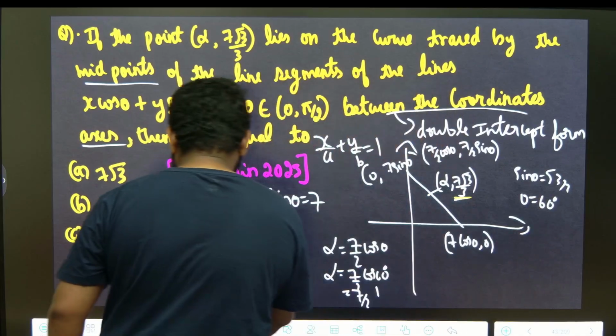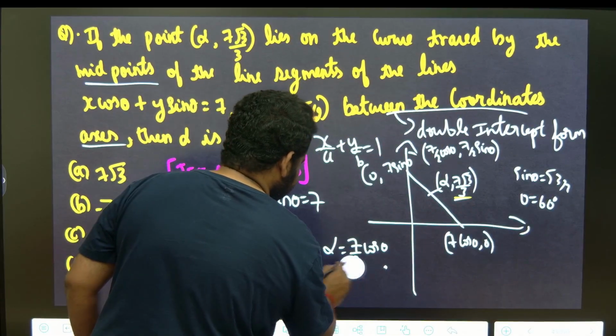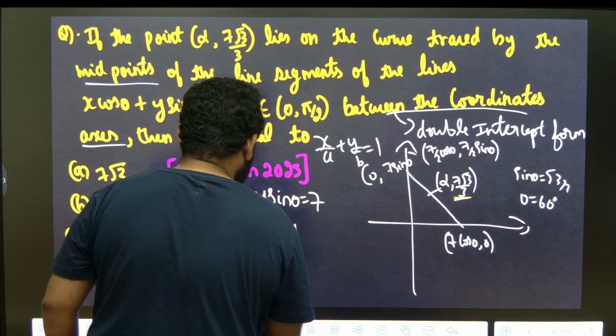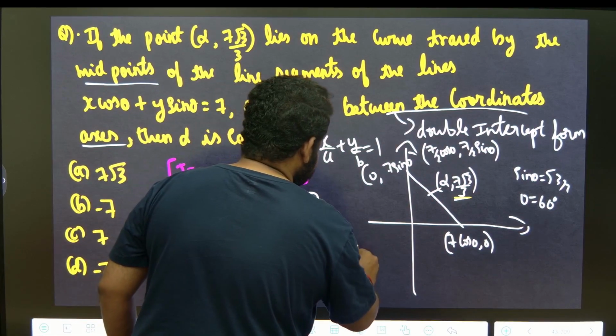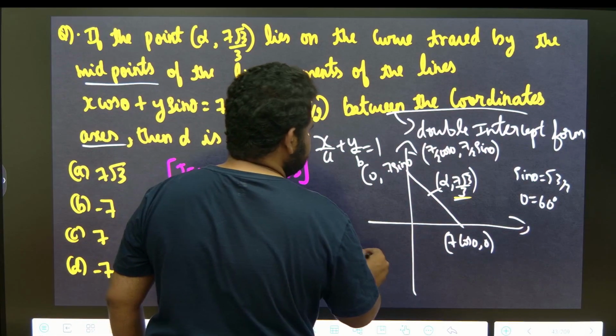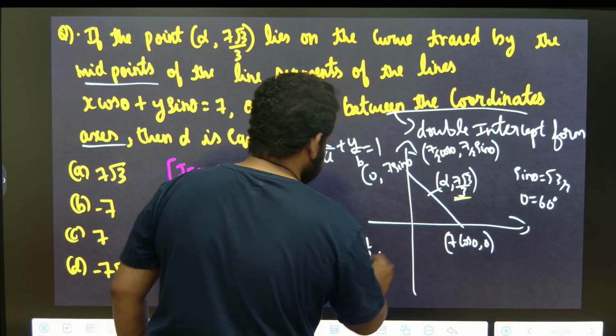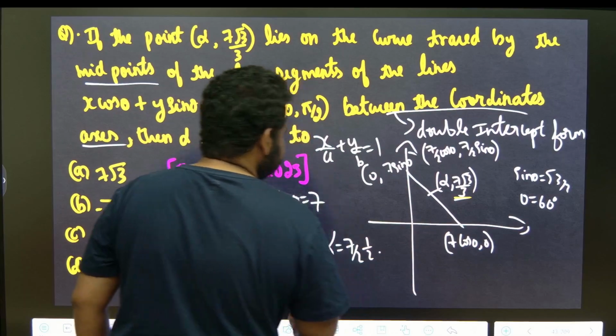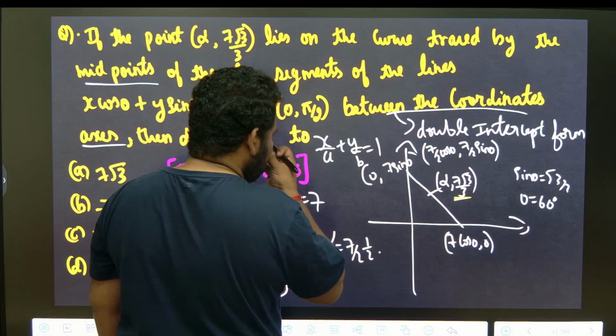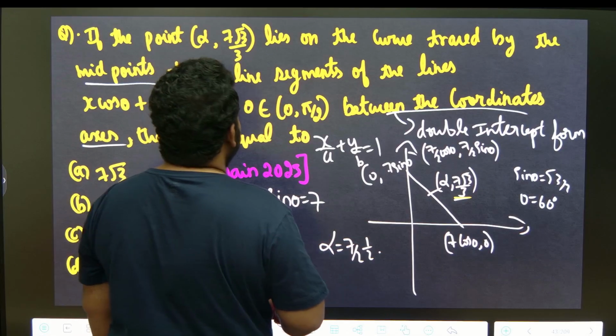So if I put theta here, alpha, if I put theta, what will I get? Alpha is equal to 7 by 2 cos theta. Cos 60 is nothing but 1 by 2. We want alpha.